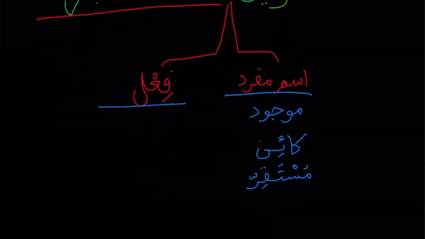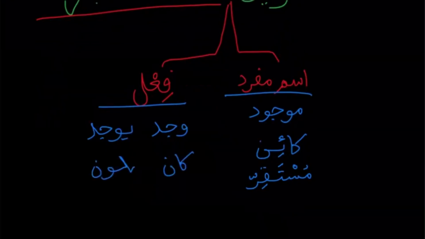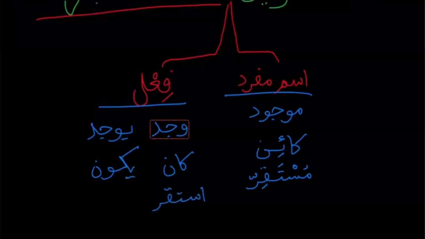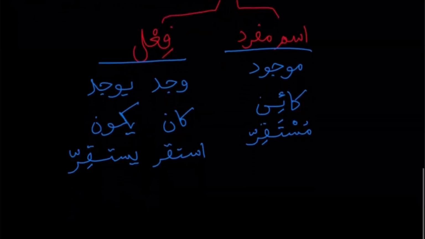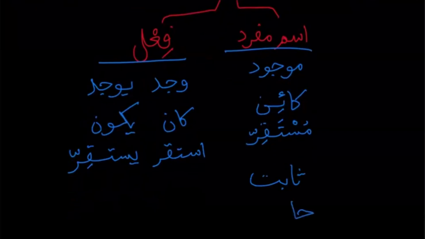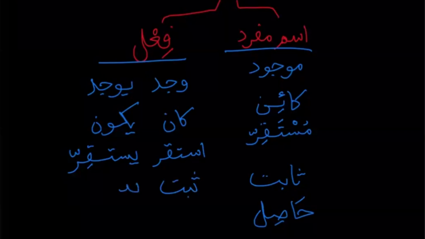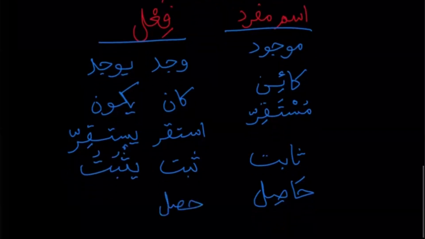It would be wajada or yujadu, or kana or yakunu, or istaqarra or yastaqirru, or the likes. The ism mufrad taqdir could be thabit or hasil. If it's a verb, then it's going to be thabata, yathbutu, or hasala, yahsulu.